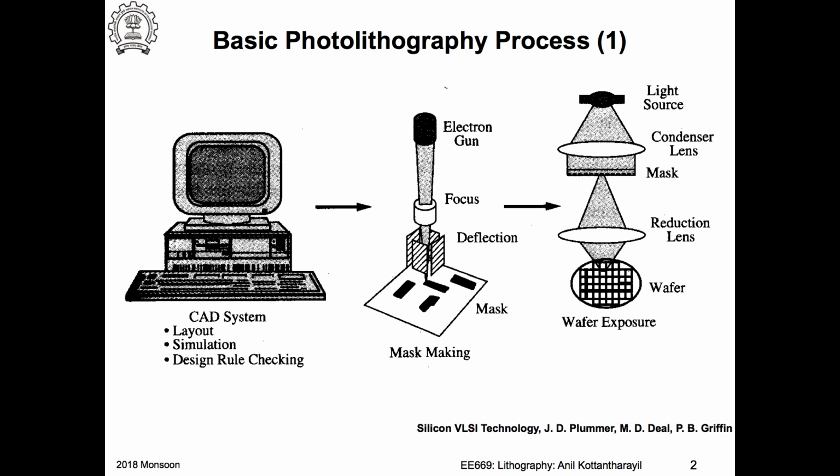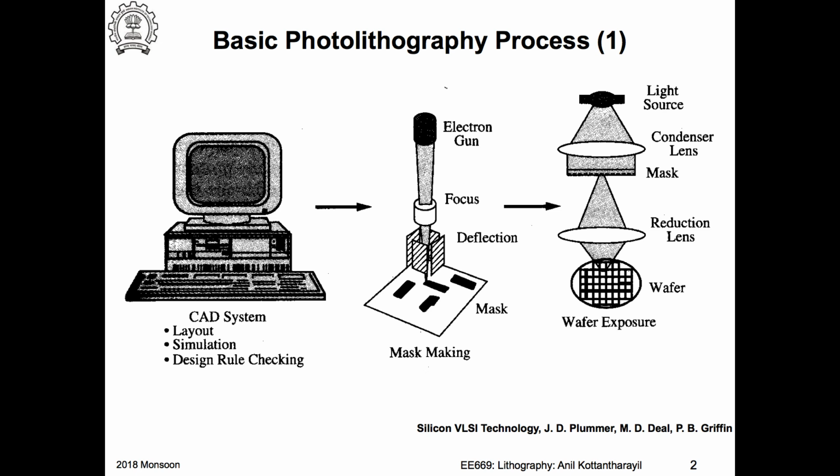So I take a glass piece, which is transparent, and then I coat this with an opaque material by using thin film deposition techniques. For example, I can deposit chrome, the very common material used as an opaque layer on the glass for lithography. Or you can also use iron oxide.